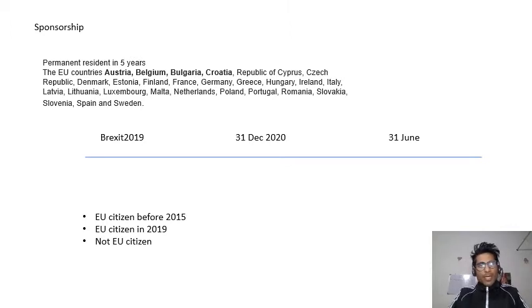So we have three cases after Brexit. What will happen with European Union citizens and non-European Union citizens? Brexit happened in 2019, and 31st December 2020 was the last date when you could submit your documents, like utility bills, to prove that you were in the UK before 31st December 2020.